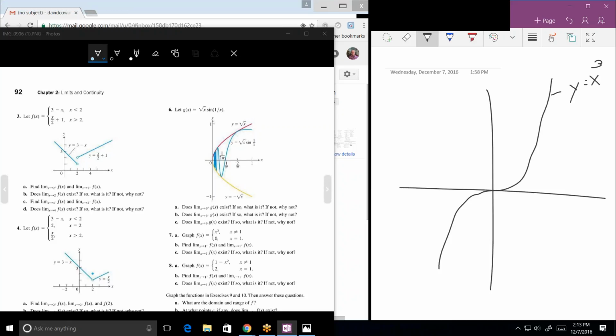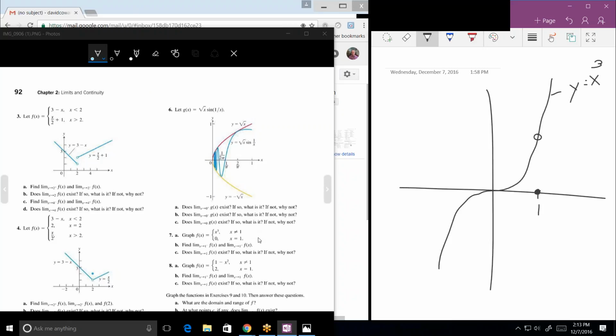It's only equal to x cubed when x is not equal to 1. When x is equal to 1, it's equal to 0. So if we put 1 on there, then we have a hole right there. Does that look right in terms of graphing it? Yes.